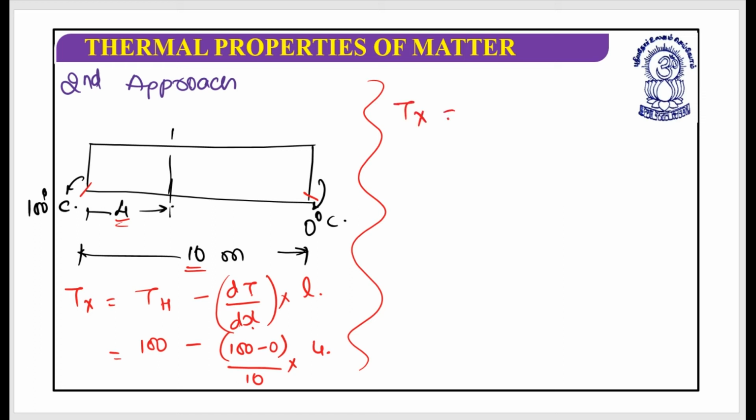So this Tx is 100 minus 100 by 10, it's 10 into 4, which is 100 minus 40, this is 60 degrees Celsius.